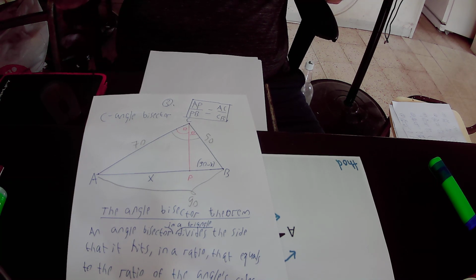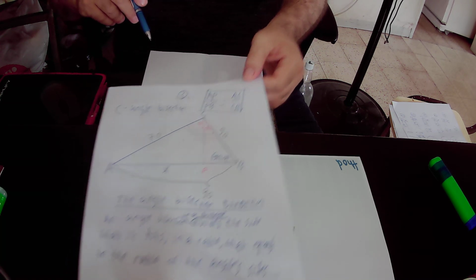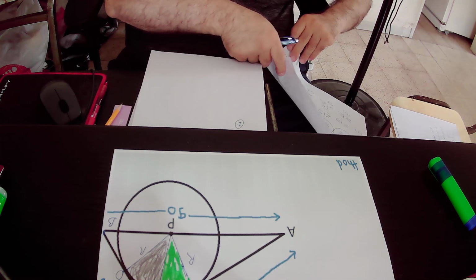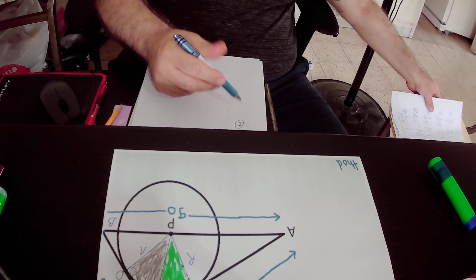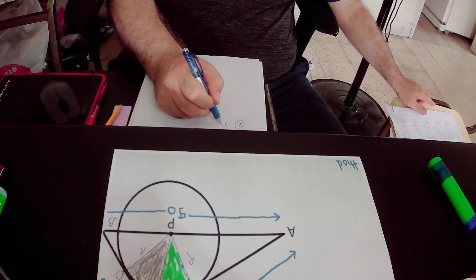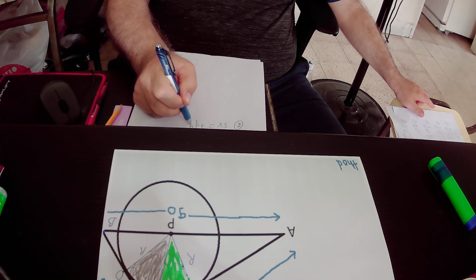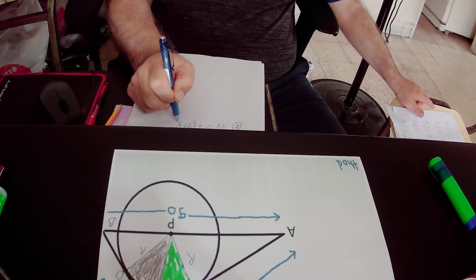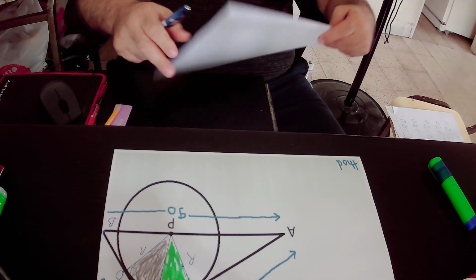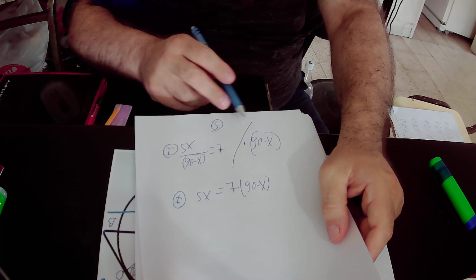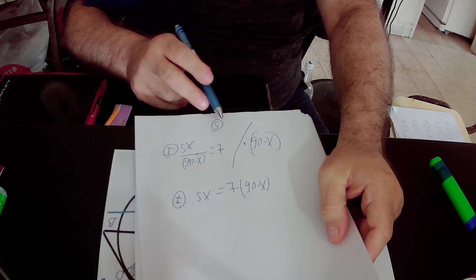For that reason, it is allowable to multiply both sides of the equation by 90 minus x. Okay. So here we multiply both sides of the equation by 90 minus x.